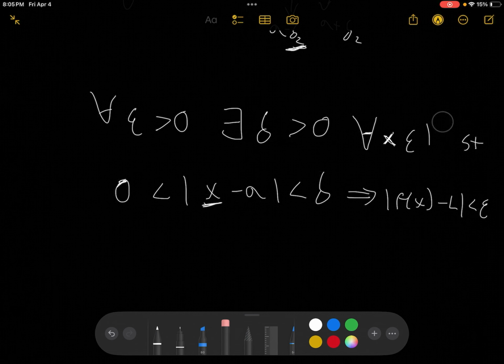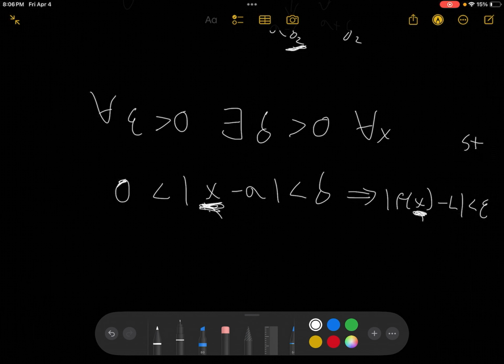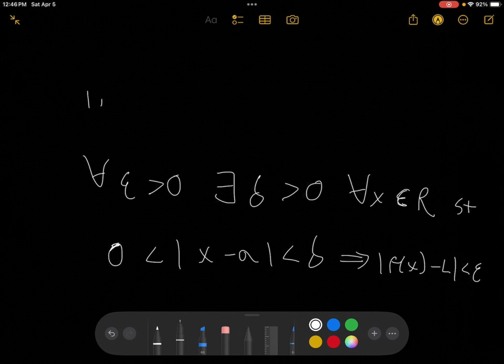But oftentimes, it's okay to omit this since it's just assumed that you want this to hold for every real number x. But there's nothing wrong with including it. So here is our definition for the limit of f of x as x approaches a being L.